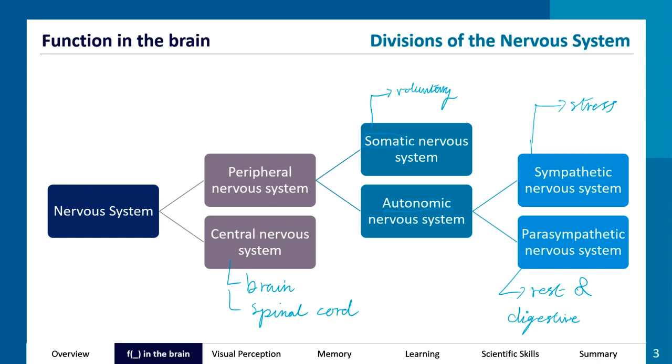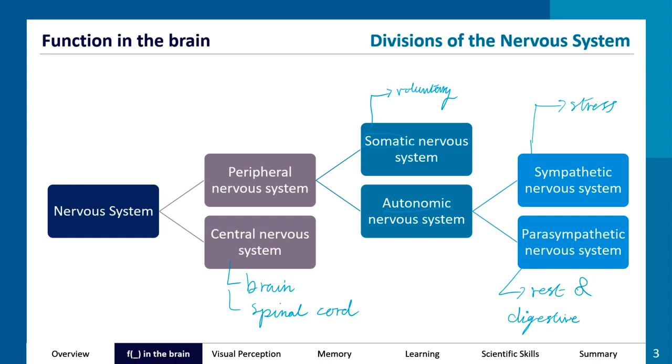We can explain this by it being more important to have a lot of information about our external environment in these high stress, high pressure situations, whereas in the parasympathetic nervous system we would expect our pupil to be more constricted or less dilated.